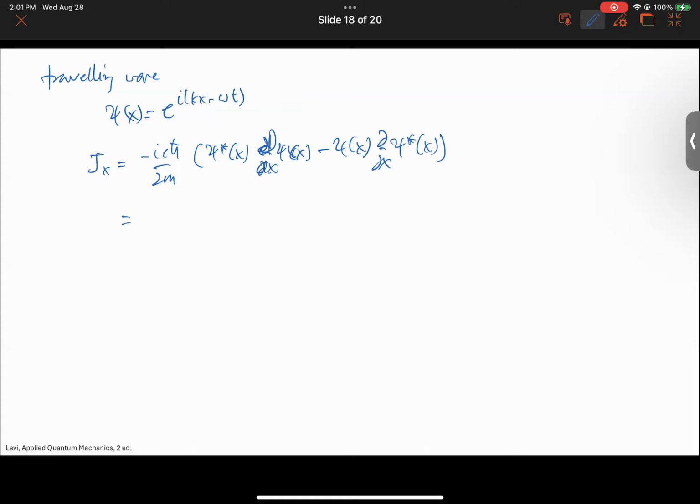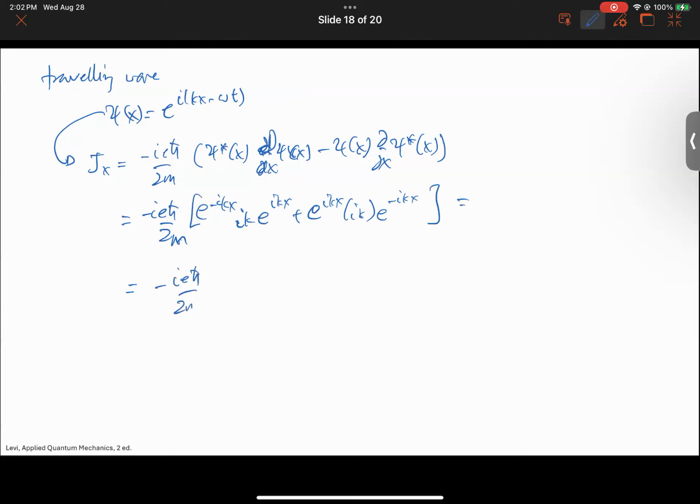If you plug that in there, we end up with exponential ikx times negative ik exponential ikx, plus exponential ikx times ik exponential negative ikx. This is equal to negative i e h bar over 2m times 2ik, or equal to e h bar k over m.